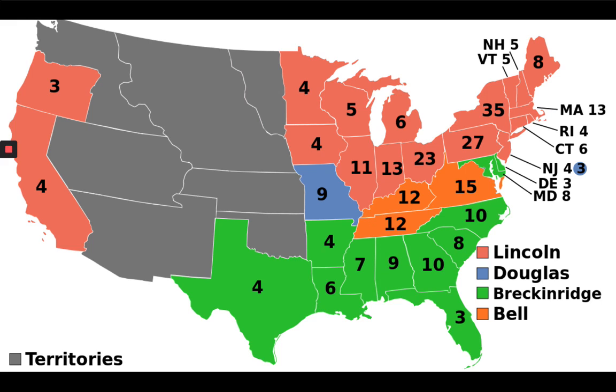He got New Jersey. John Bell got what would later be called the border states. And then Breckinridge, the Southern Democrat candidate, pretty much carried all of the southern states, the Cotton Belt, those that relied highly upon slave labor.